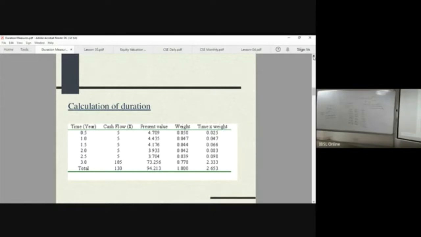No issue. Up to 7.57, it's okay. That is the convexity. We call it the convexity of the bond. 7.57.